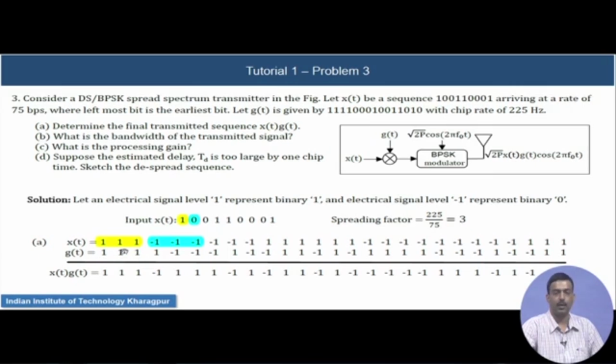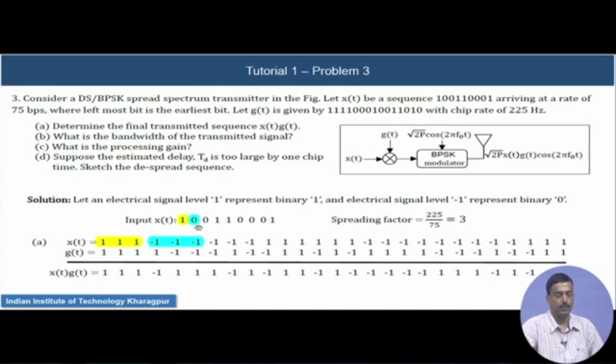We are multiplying and not XORing in this case, because what we are using is the electrical signal level and not the binary level. So this multiplication basically gives me an output which is nothing but the spread spectrum signal.